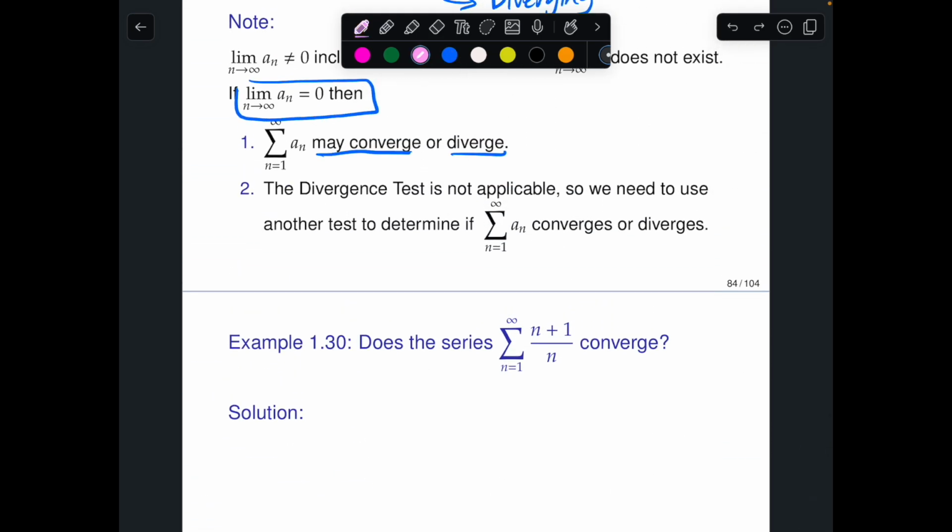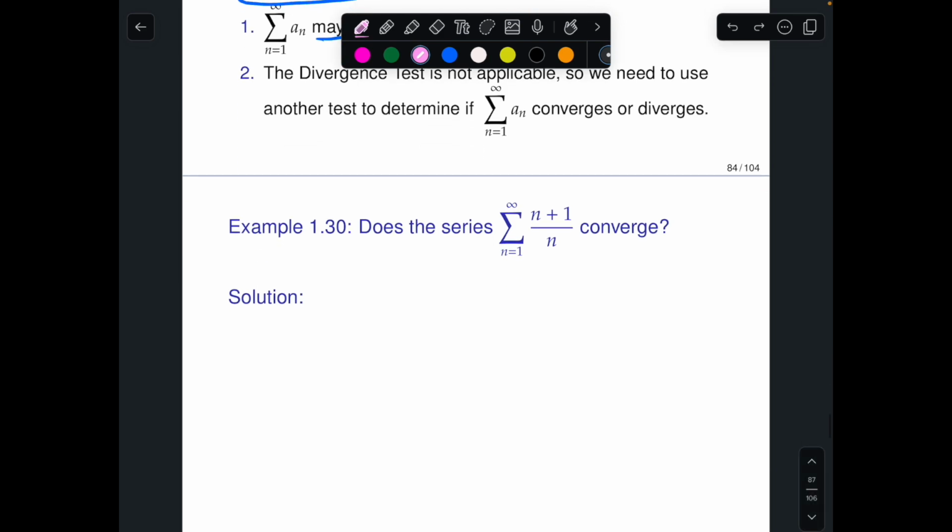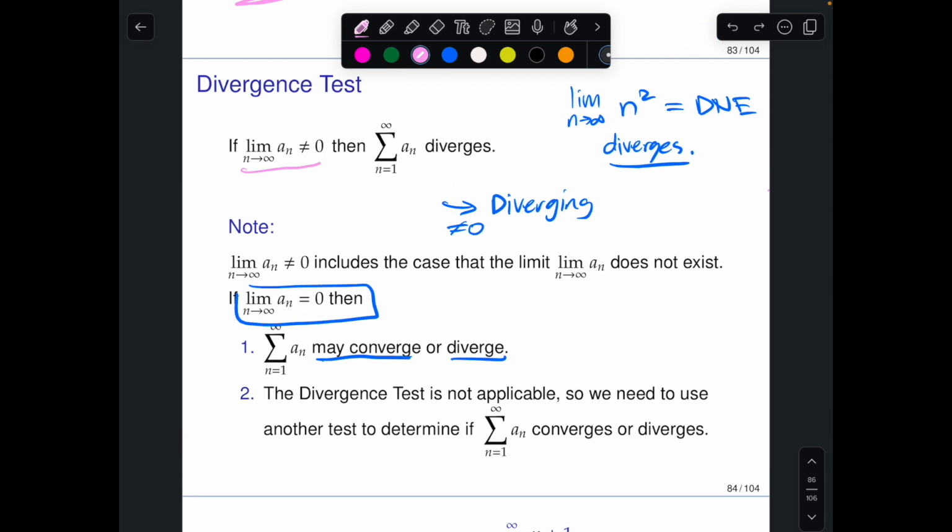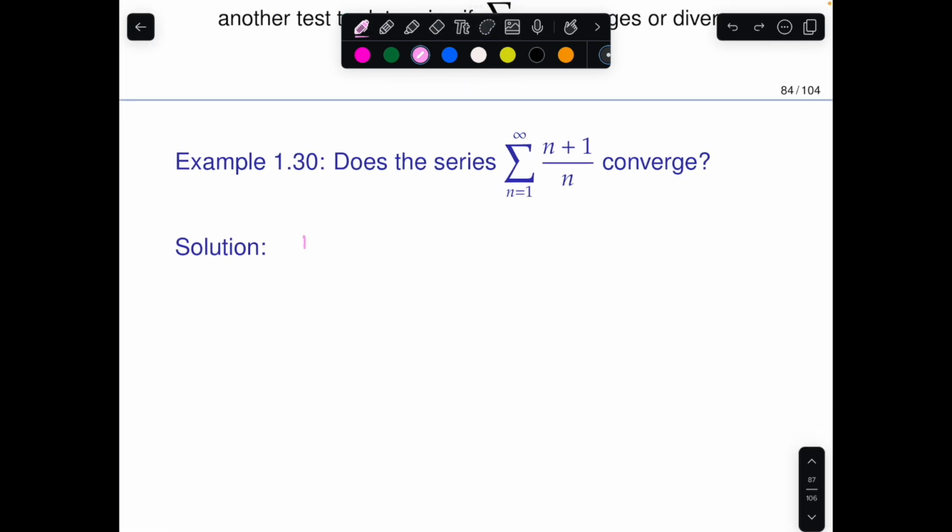So let's apply this knowledge to this. Does the series converge? First we'll just take the limit, like it says up here, of whatever's on the inside. Limit as n approaches infinity of n plus 1 over n equals the limit as n approaches infinity of 1 plus 1 over n, because this just becomes n over n plus 1 over n, right?